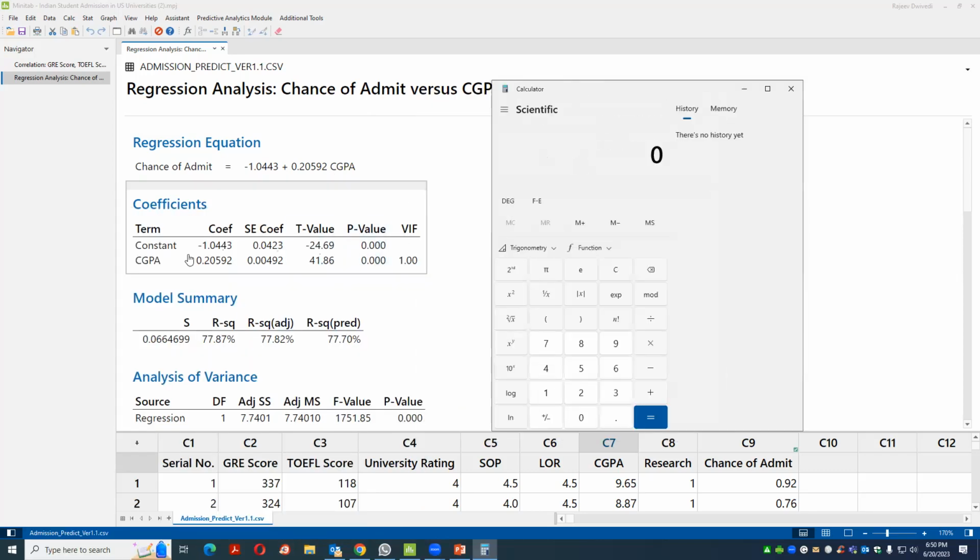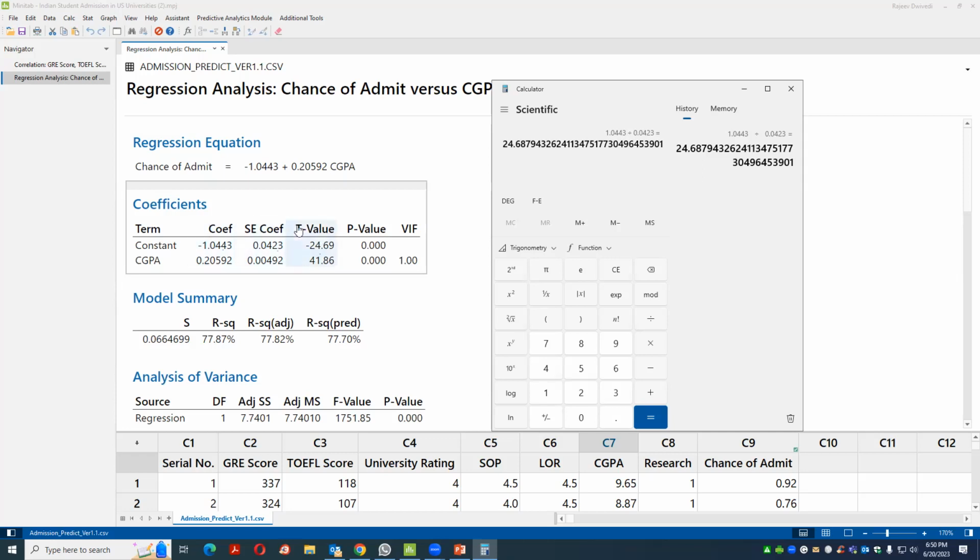Okay, let's do this. 1.0443 divided by 0.0423. Can you see this is 24 point something, I'm not putting the negative sign before. So this divided by this, you get the t value.